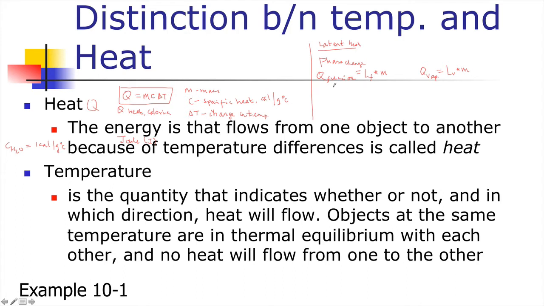The latent heat of fusion is the amount of heat energy that you need to convert ice at 0 degrees Celsius to water at 0 degrees Celsius.